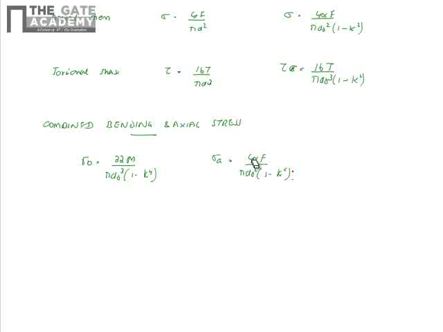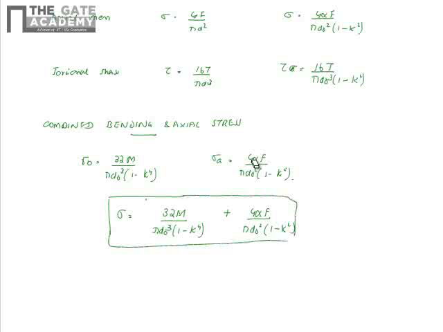Now when both the stresses are axial or normal stresses, then the net normal stress sigma is given as the sum of these two normal stresses, that is nothing but 32 M by pi do cube into 1 minus k raised to 4 plus 4 alpha F by pi do square into 1 minus k square. So this is the total normal stress acting on the shaft due to the axial loading as well as the bending loading.